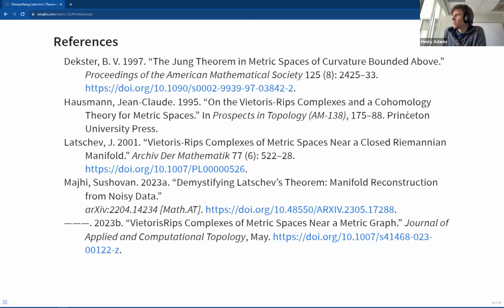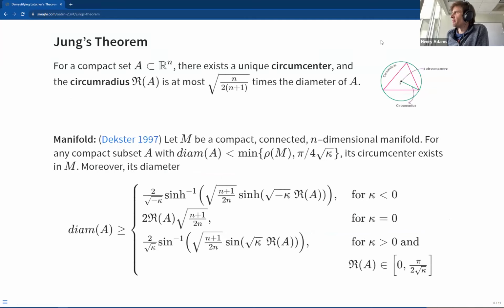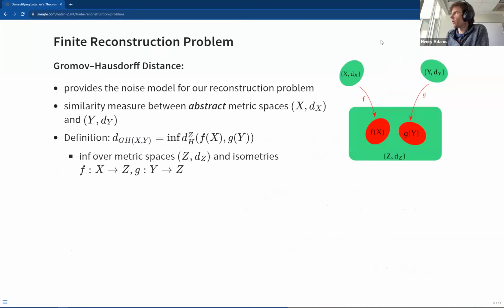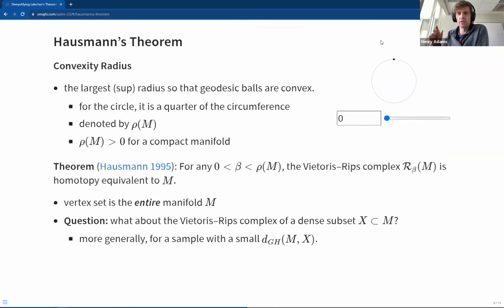Let me ask one question, Sush. Historically, Hausmann's paper played a big role for Latschev's paper, because Hausmann asked whether this should be possible, and Latschev studied this. Now, in your proof, which I quite like, you use Hausmann's theorem, right? Because you have the manifold on either side and the sample in the middle.